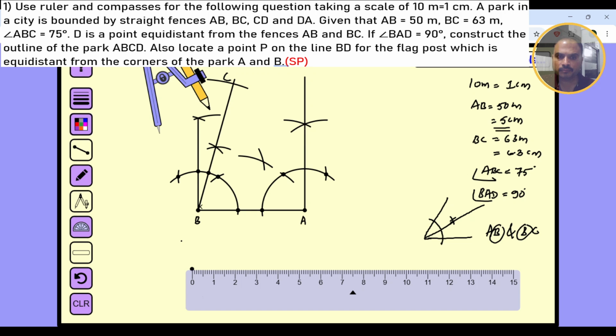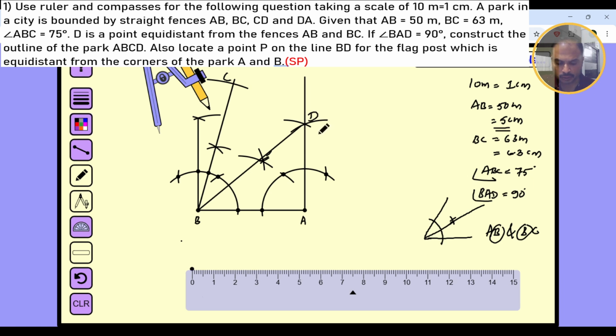Okay, look at this. Here it is given to you. It should go exactly through the point of intersection there. Yeah, it should go exactly over here, children, exactly here. Now it is the point D.